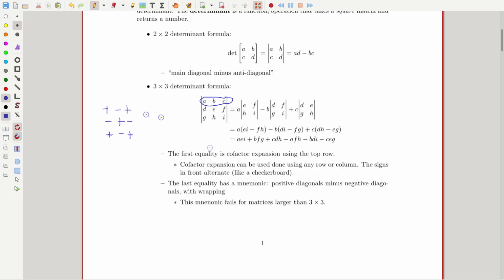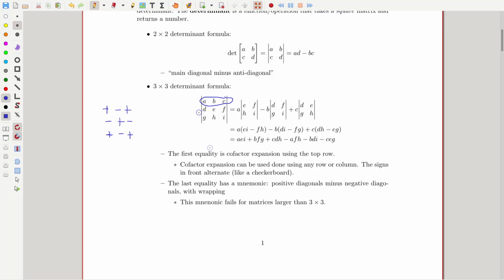Notice that there's some sign alternation: plus, minus, plus. You can populate the matrix with an alternating pattern of pluses and minuses, and each of the cofactors will have a sign attached to it.